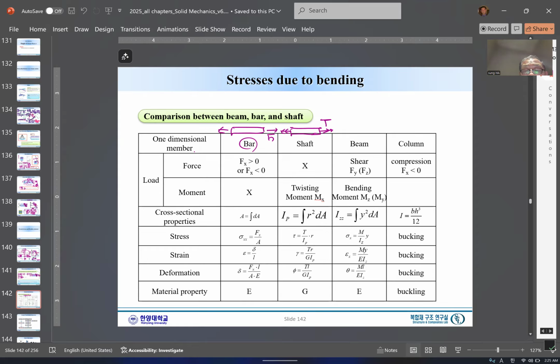Now for the beam, we have a beam like this. These are the main one-dimensional structures covered in Solid Mechanics 1, strength of materials, at the very beginning. So this was a bar, this is a shaft, and this is bending.